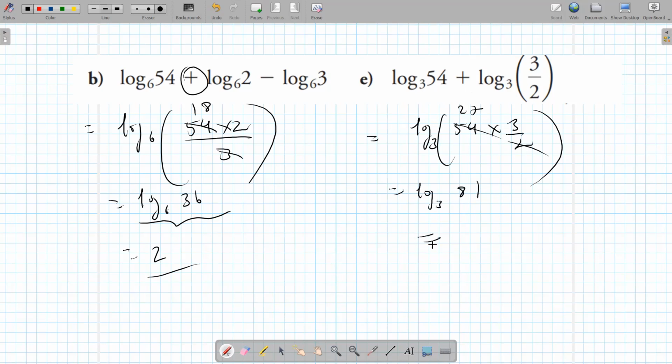What does that evaluate to? It is not 9. 3 to the power of something is 81, and this something is what it evaluates to.